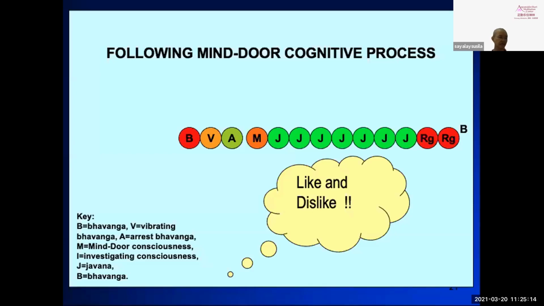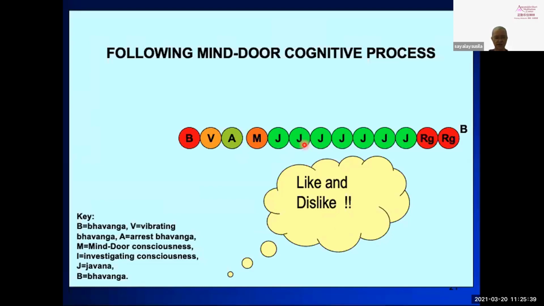You may like it or you may dislike it. Okay? So let's say you like it. If you like the lotus flower, then you attach to the lotus flower. So there is one unwholesome consciousness. Under unwholesome consciousness, there are 8 rooted in greed.